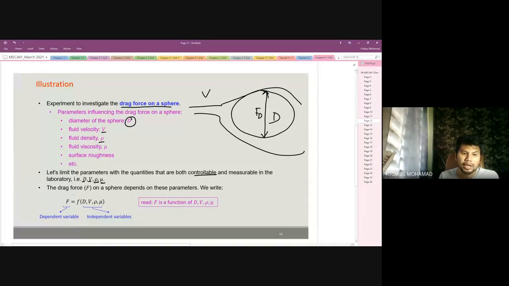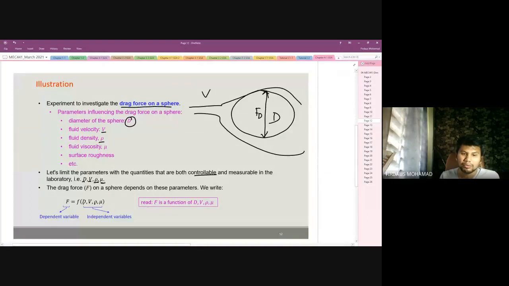Okay, so the drag force on a sphere depend on this parameter. So we write in terms of function. Force is dependent variable. Benda yang kita nak cari, drag force is known as dependent variable. And then independent variable D, dia punya diameter, velocity, rho and mu.